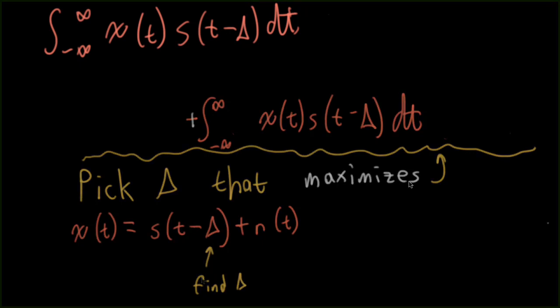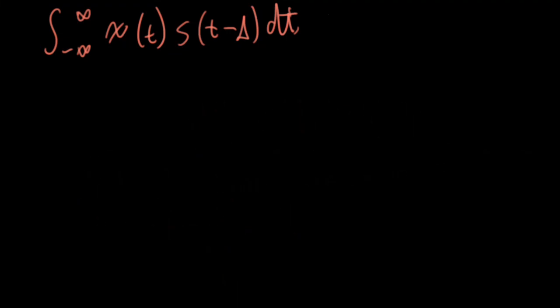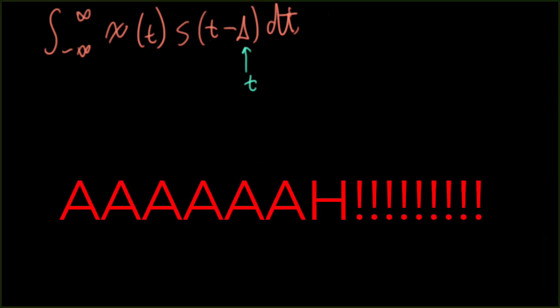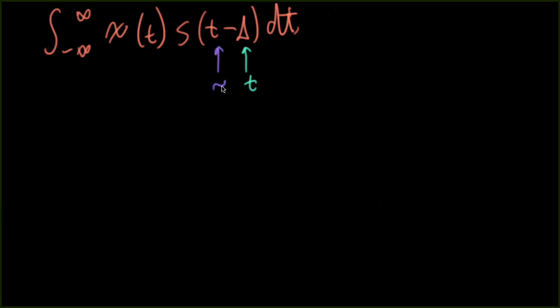Now I'm about to do something that's super confusing, so watch closely. I'm going to take the delta here and replace it with t. You say, but I already am using t, I can't do that. Well, fear not. I'm going to replace t with tau. This will seem extremely unmotivated until I show you what I'm up to. So let's make those substitutions.